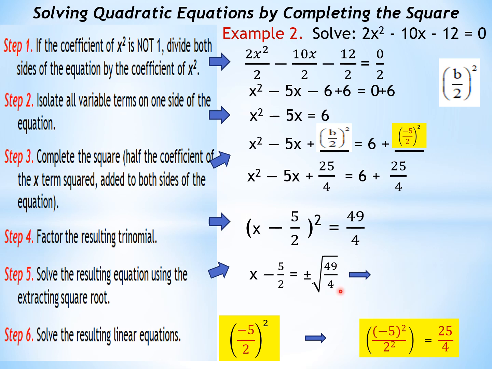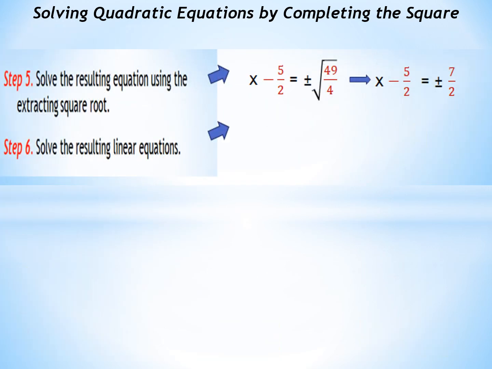Ano bang square root ng 4? Pwede nating paghiwalayin. So, square root of 49 divided by square root of 4. So, ang sagot dyan ay plus or minus 7 halves. Okay? Plus or minus 7 halves. Next.